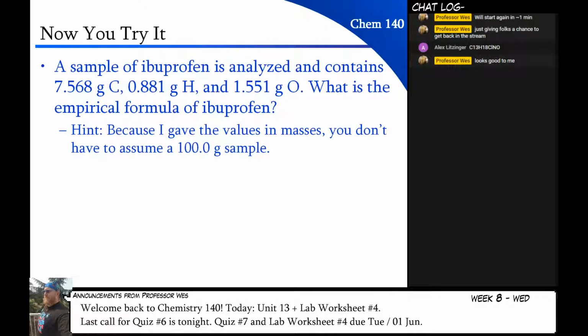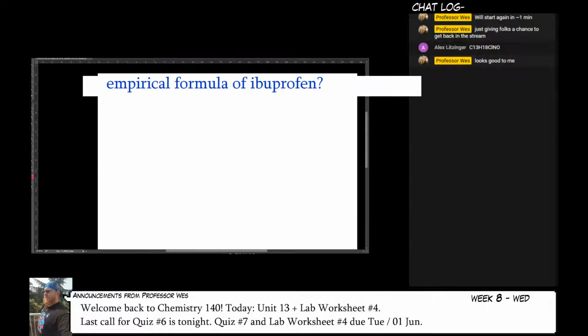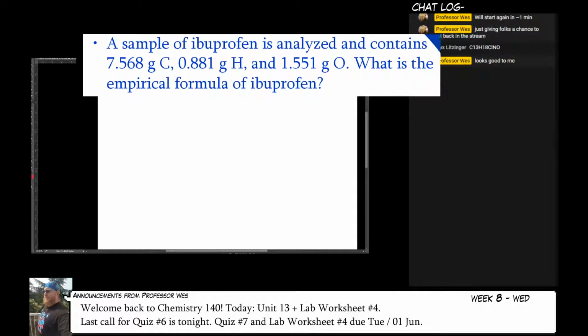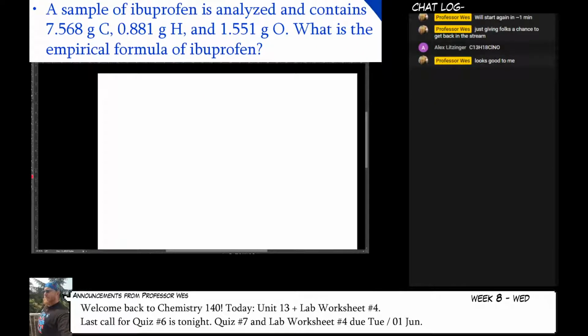All right, let's look at this. There we go. So we got 7.568 grams of carbon, 0.881 grams of hydrogen, 1.551 grams of oxygen.